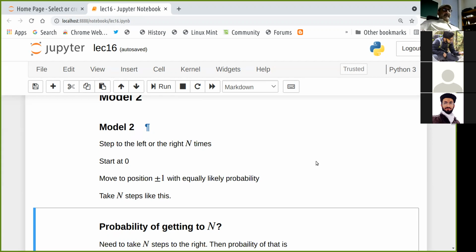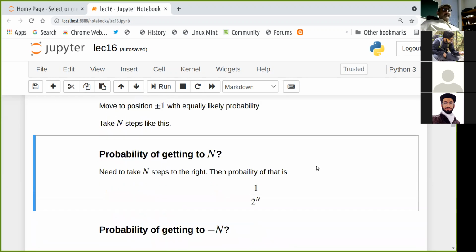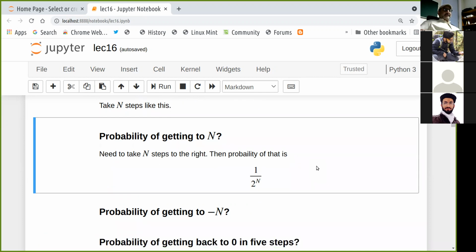So it's 1/2 to the n. Okay. What's the probability in n steps you got to the position -n? 0.5 to the power n again. Again, 1/2 to the n. It's an analogous situation.